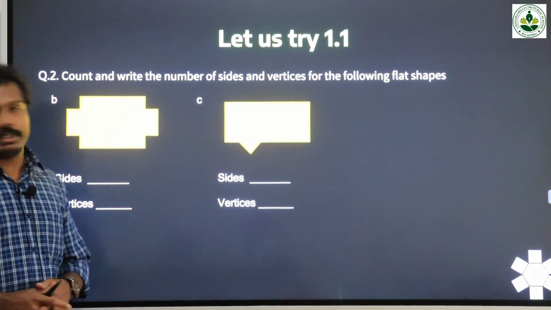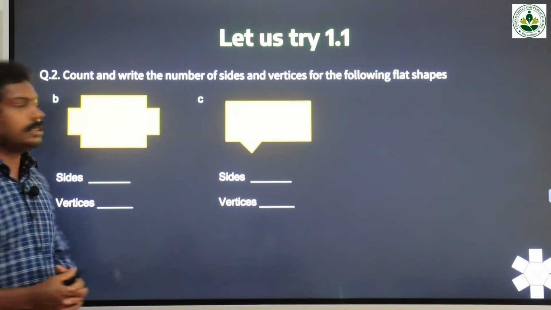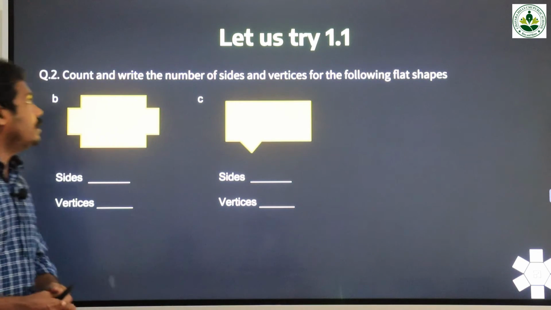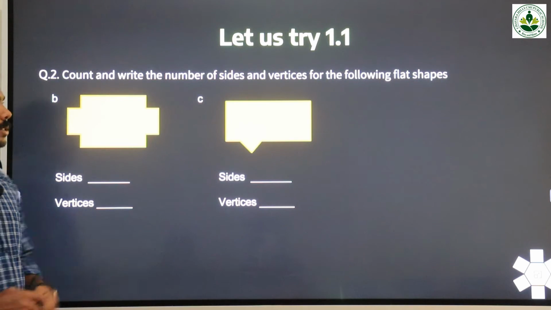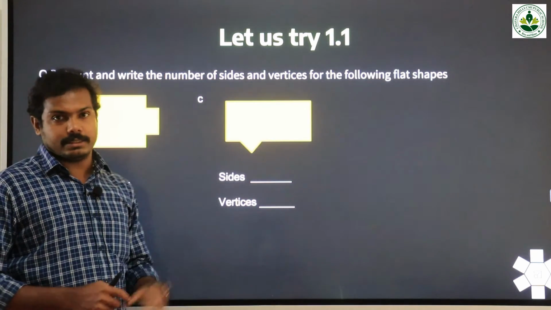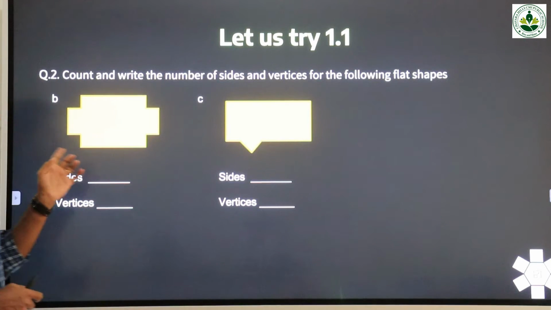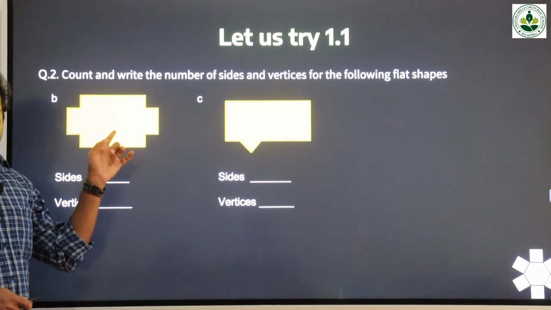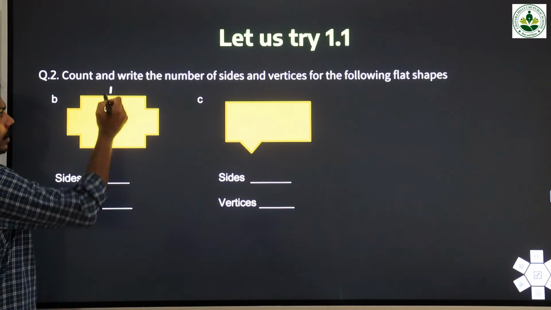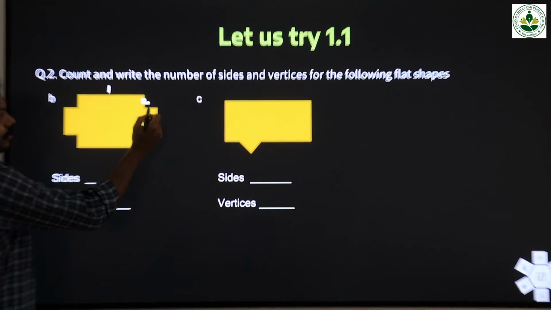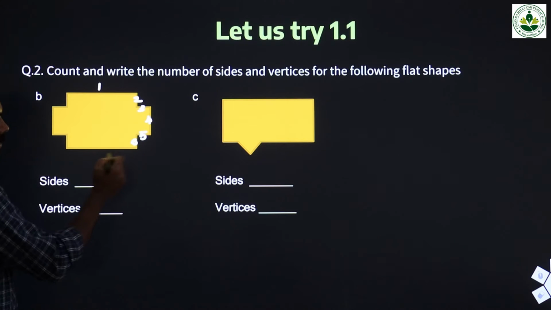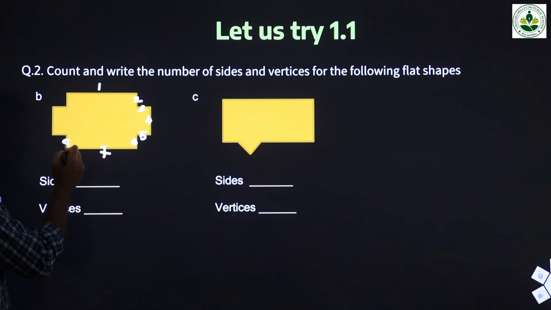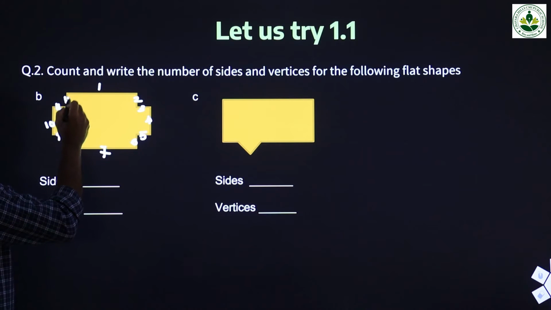Now we can discuss some questions. Let us try 1.1 question number 2. Count and write the number of sides and vertices for the following flat shapes. We need to find the number of sides and vertices, sides and corners. First picture, the number of sides are 1, 2, 3, 4, 5, 6, 7, 8, 9, 10, 11, 12.